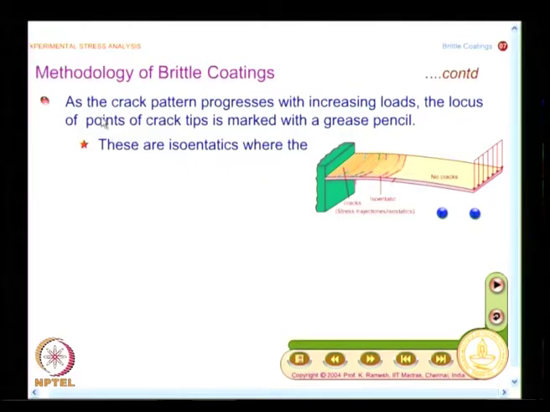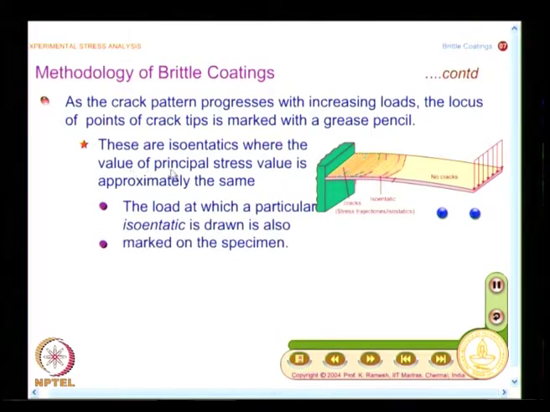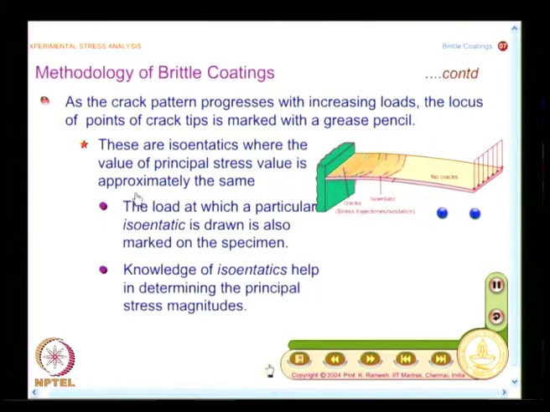So, what you do is, as the crack pattern progresses with increasing loads, the locus of points of crack tips is marked with a grease pencil. These are isoentatics, where the value of principal stress is approximately the same.